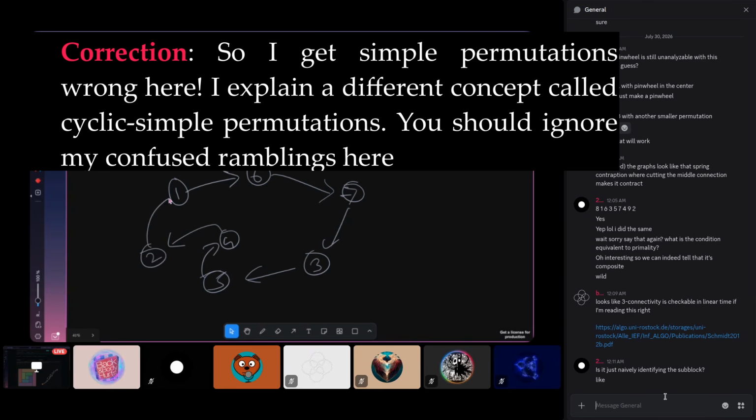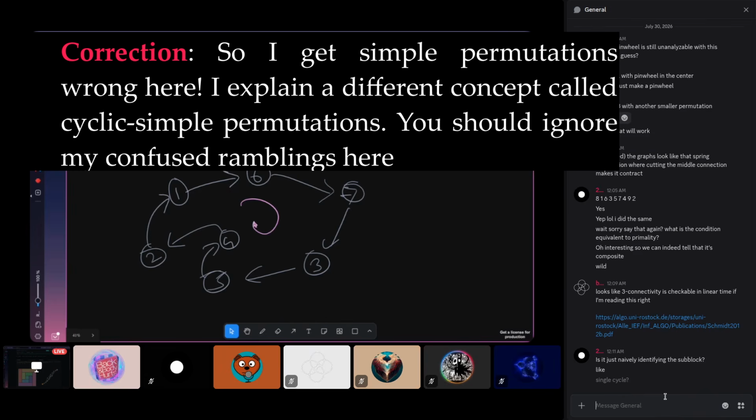Back to 1. Do you notice something interesting? It's one single cycle, exactly. A simple permutation will be one single cycle. It will not have sub-cycles inside it.